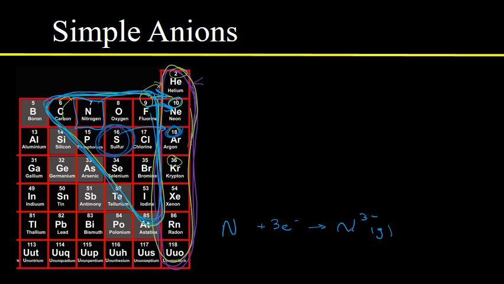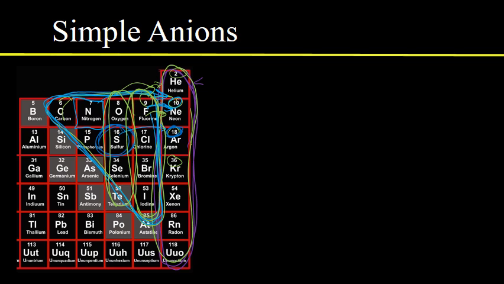Everything in group 1 loses 1 electron to become a +1 ion. Everything in group 2 loses 2 electrons to become a +2 ion. Same thing is true here, but in the other direction. Everything in this column is going to gain 1 electron to have the same number as a noble gas. Everything over here is going to gain 2 electrons to have the same number as a noble gas.